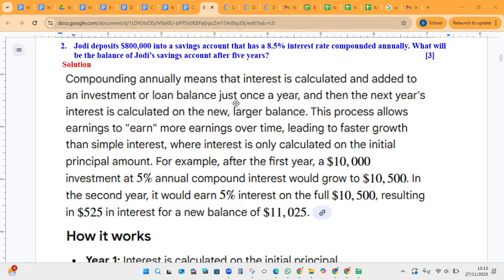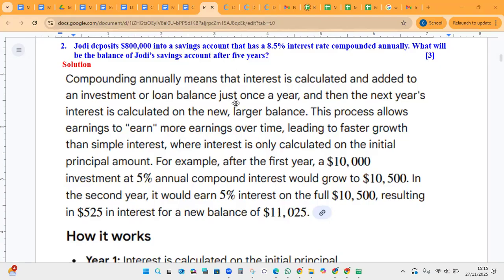All right. This process allows earnings to earn more earnings over time, leading to faster growth than simple interest, where interest is only calculated on the initial principal amount. Okay, so either investment or loan, the interest is on the new amount after the interest has been added, and annually means every year.